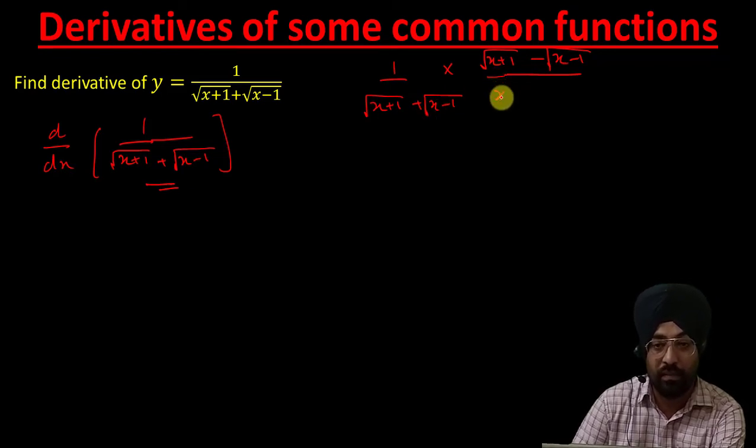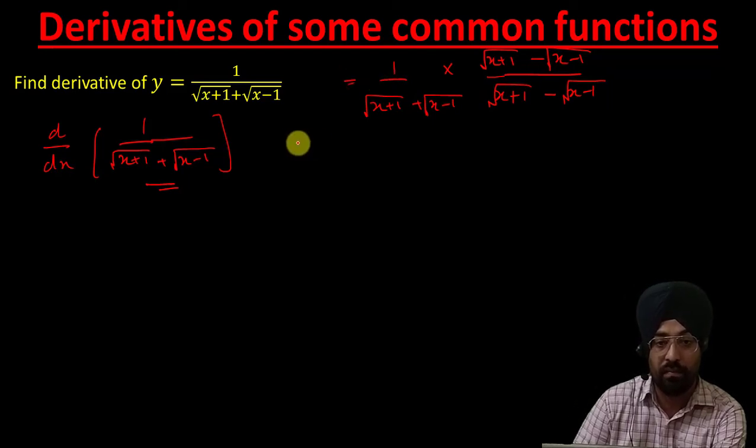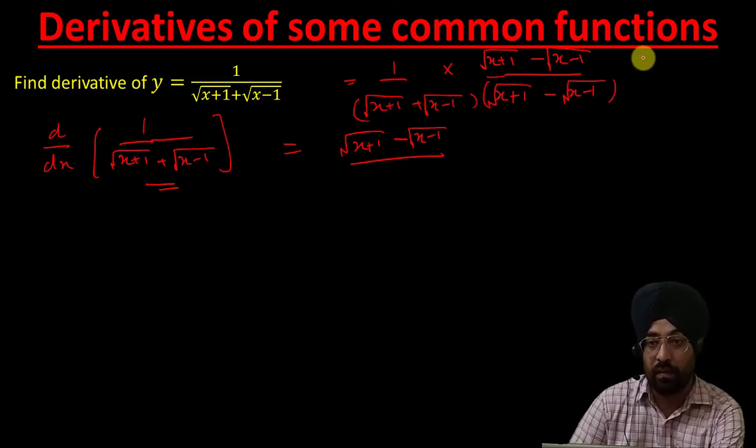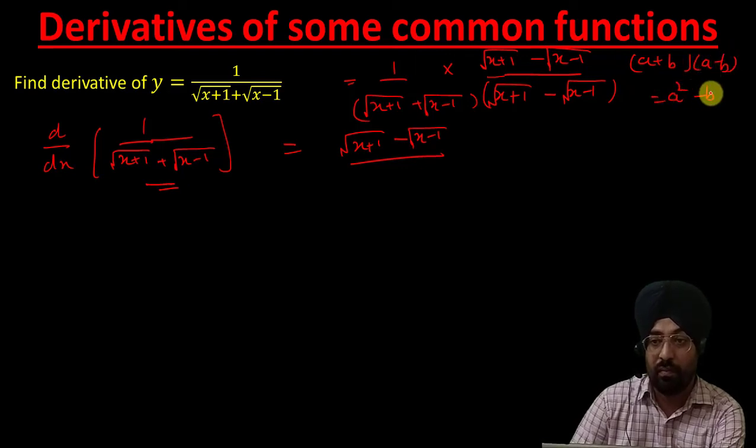So simply divide by the same function, x plus 1 square root minus x minus 1 square root. So this function becomes x plus 1 square root minus x minus 1 square root. In the denominator it is a plus b into a minus b. We have a mathematical formula: a plus b into a minus b is equal to a square minus b square.